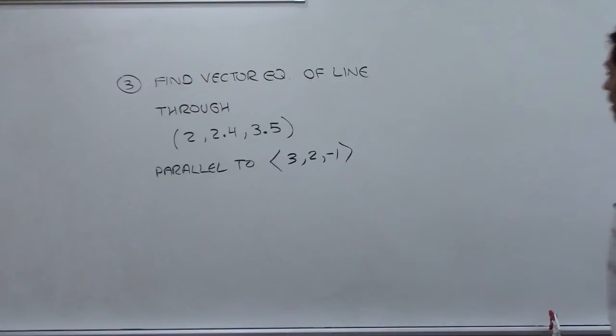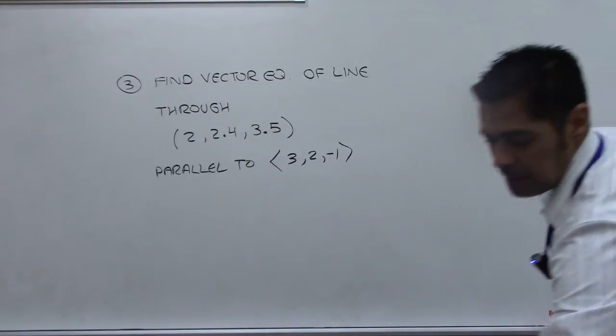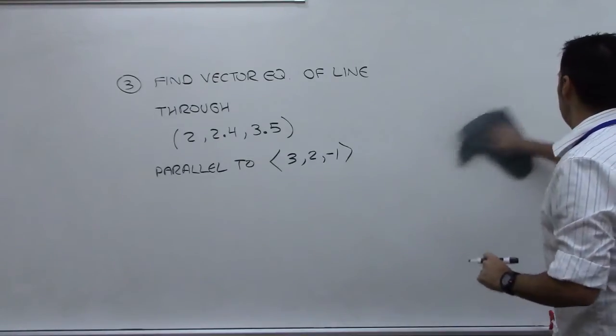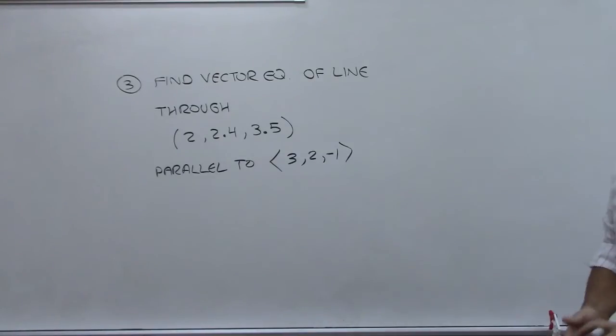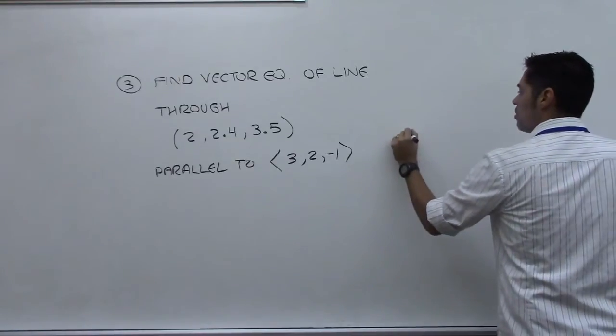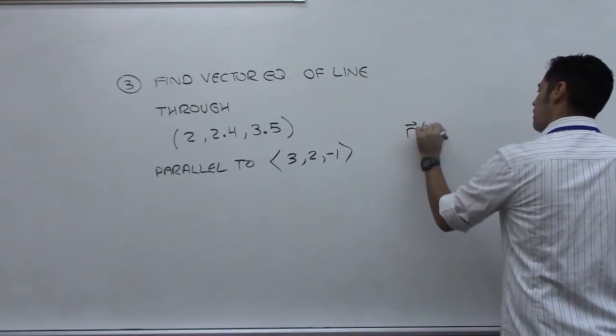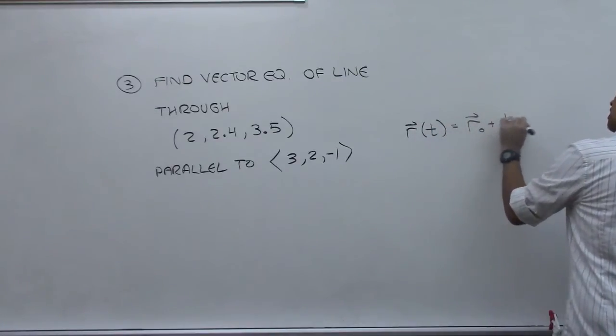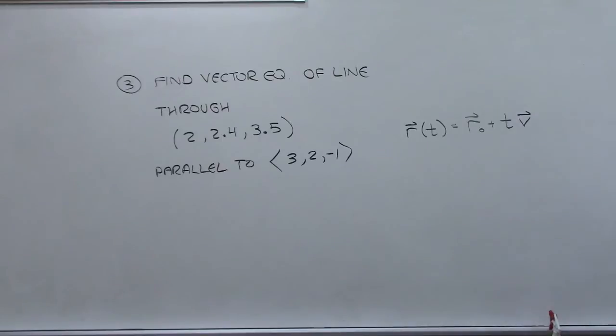Remember, when it comes to vector equations of lines, we need two things in order to determine the vector equation of a line. I'm going to put it up here. The vector equation of a line, r(t) equals the vector r0 plus tv.